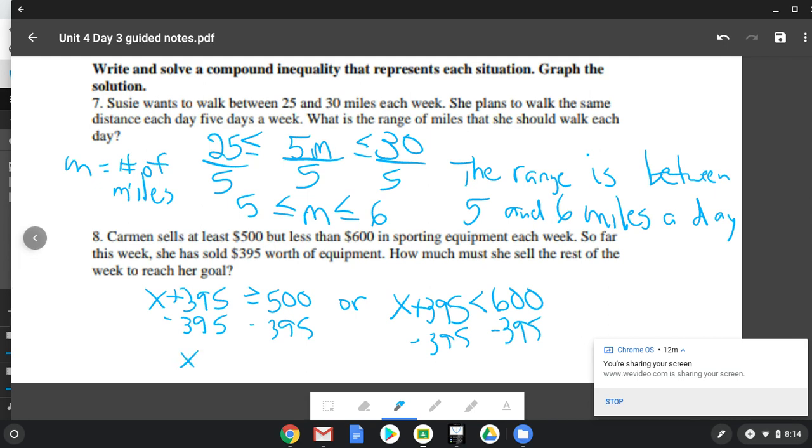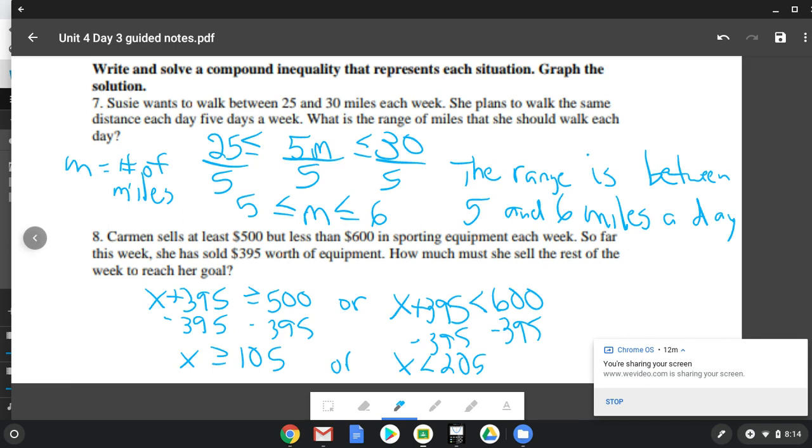We get that she needs to sell greater than or equal to 105. I think that's what that is. Yep. And then less than, is that 205? So in the end, that's what we would say.